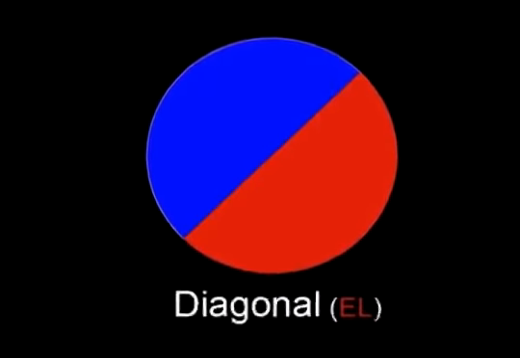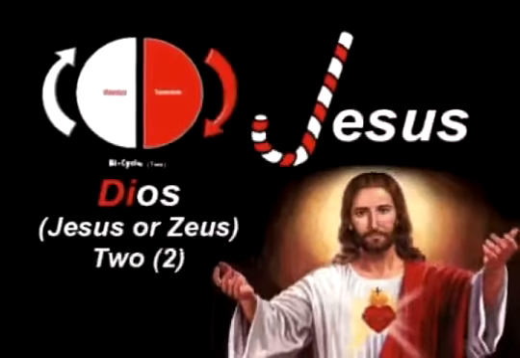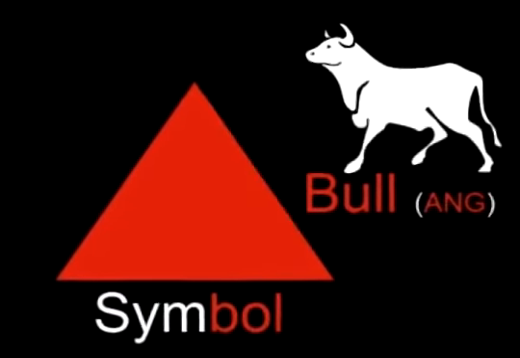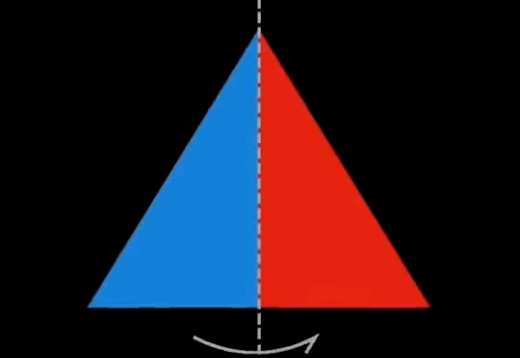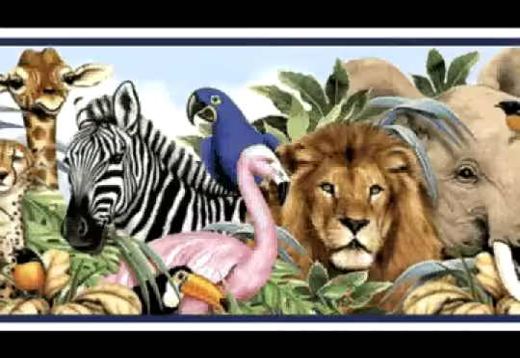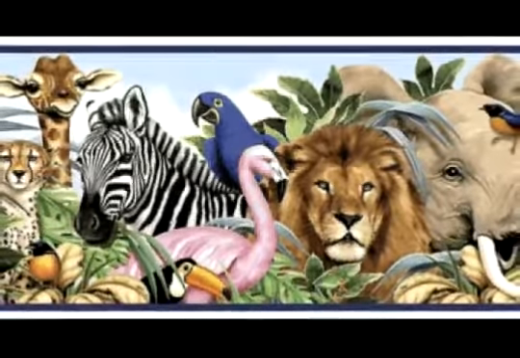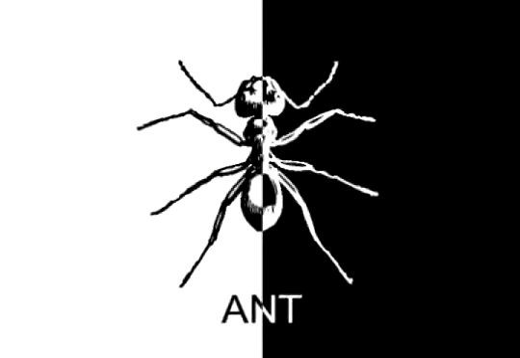as in the diagonal, the sun and the moon, the day and the night, the dios. This is why we have a symbol of the bull, because you see both sides are the same or symmetrical. And almost every living creature in the animal kingdom is symmetrical.